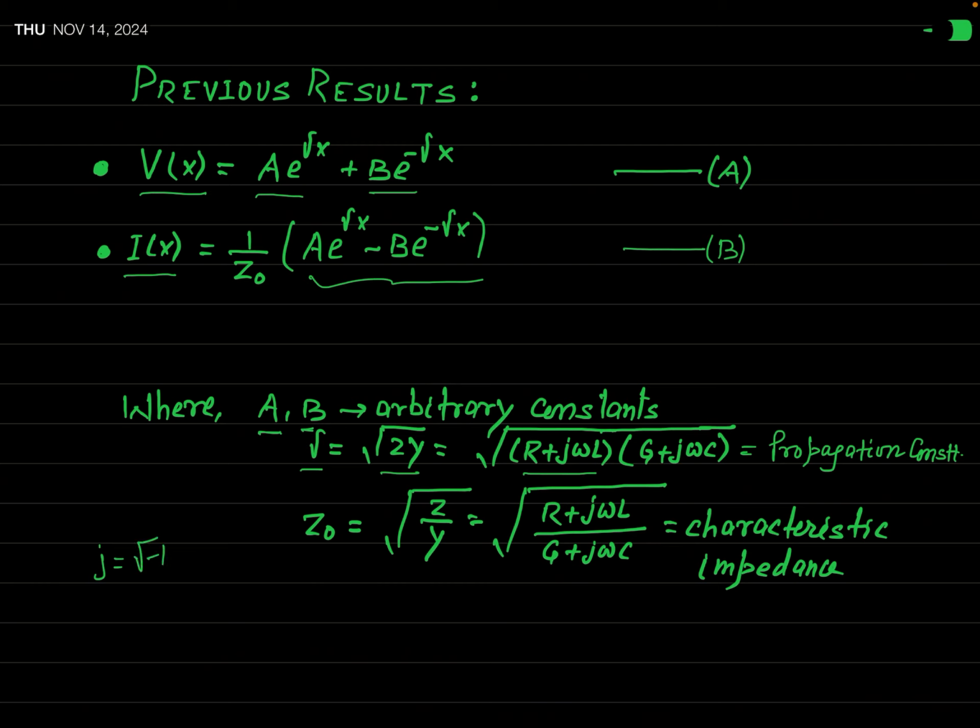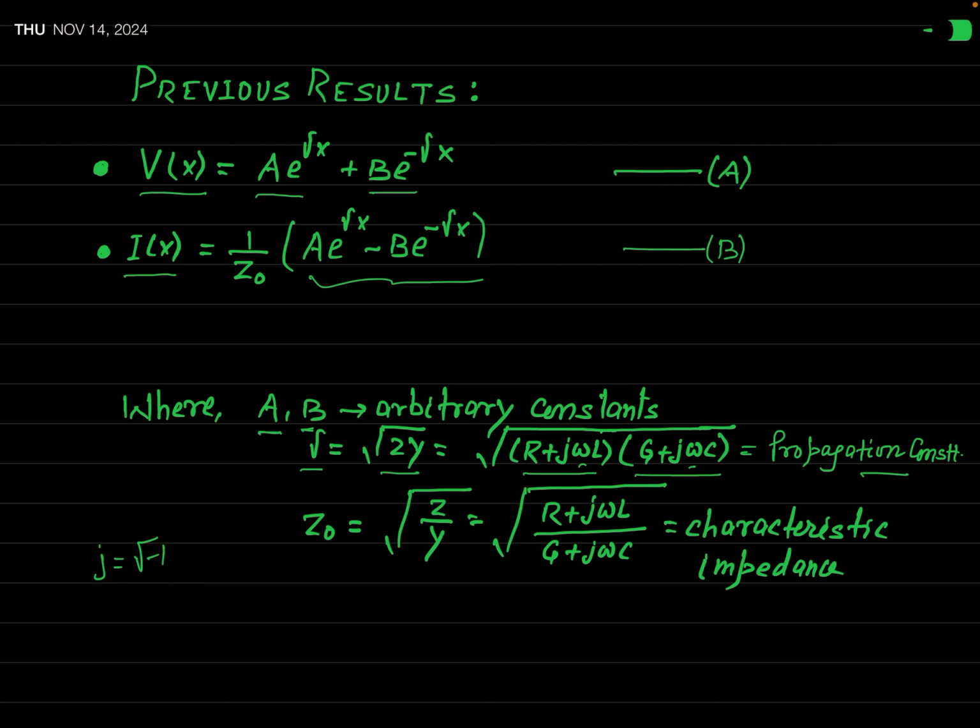And Y is given by G plus j omega C. Here G is the conductance, C is the capacitance, and omega is the frequency of the alternating voltage or current. This gamma is known as the propagation constant.